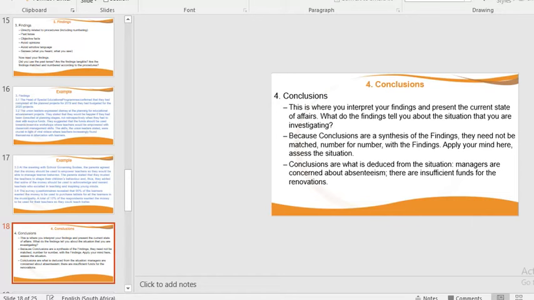With the findings, apply your mind here, assess the situation. Conclusions are what is deduced from the situation. Managers are concerned about absenteeism. There are insufficient funds for the renovations.